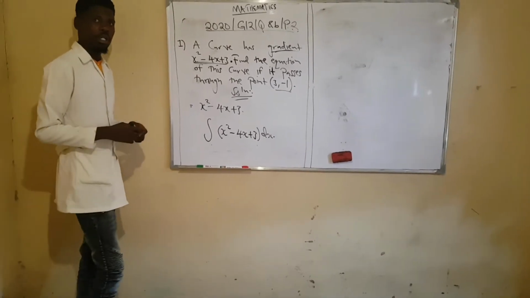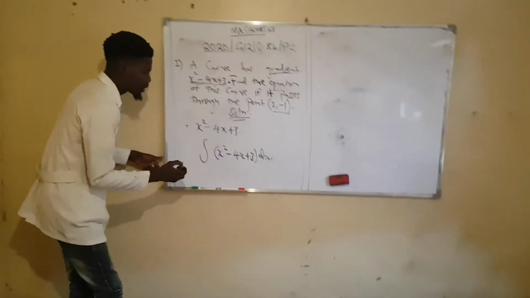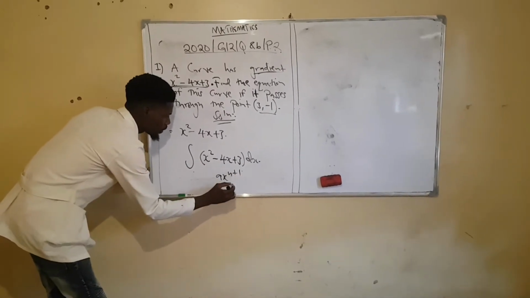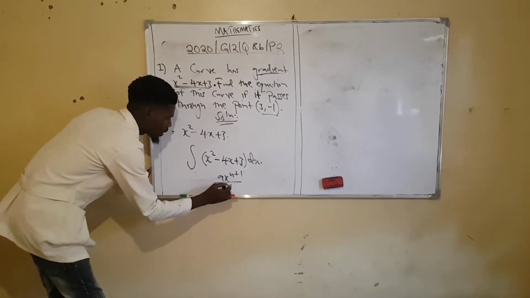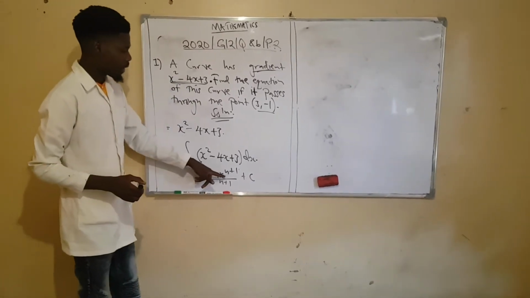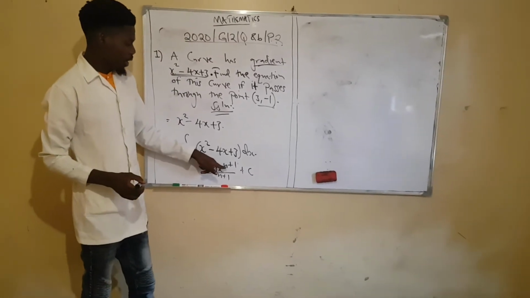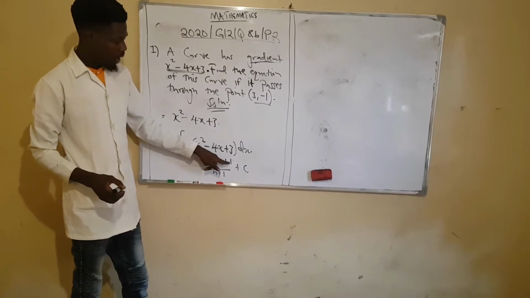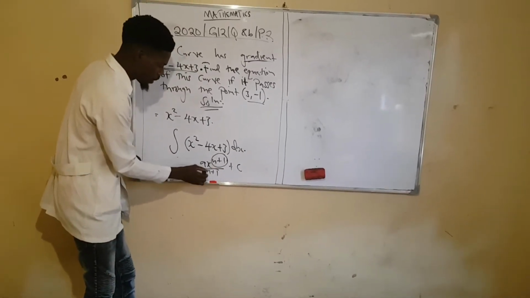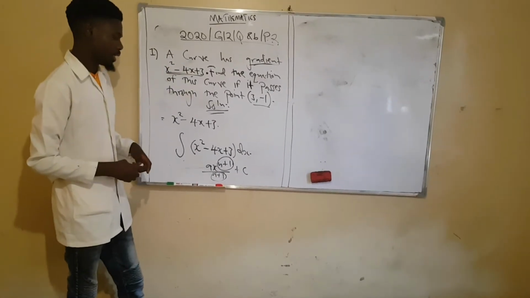So we know that when you are integrating, all the times we use the formula: ax^n becomes ax^(n+1) divided by n plus 1, then plus c. In this formula, we are adding 1 to the power, and then we are dividing by the same new power. This is integration.